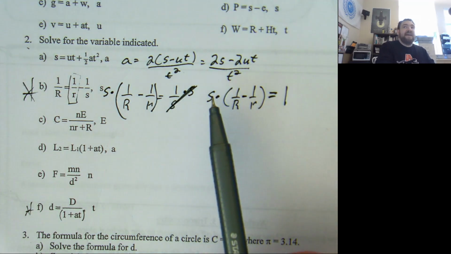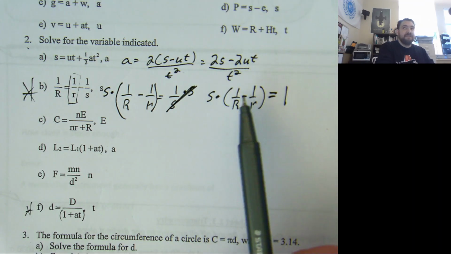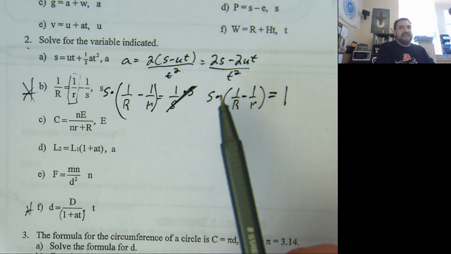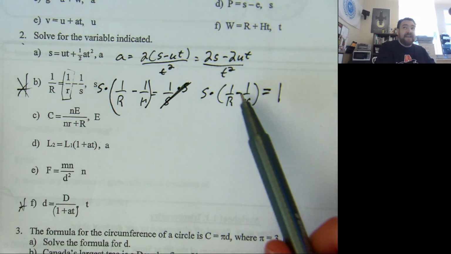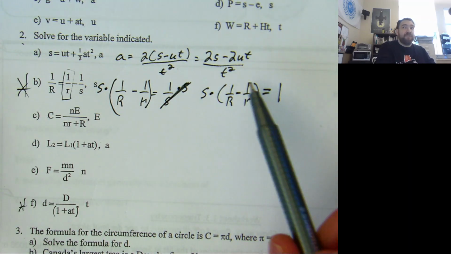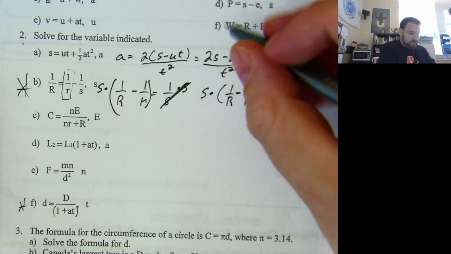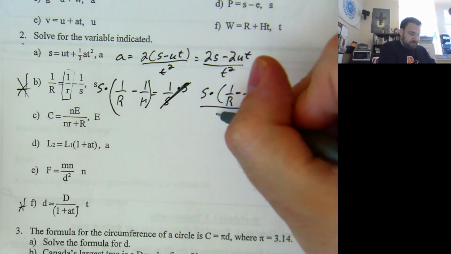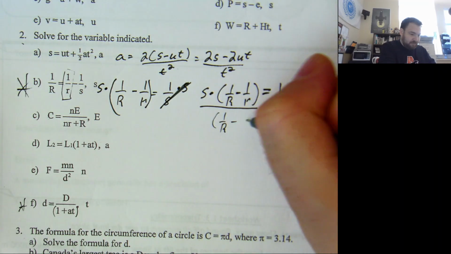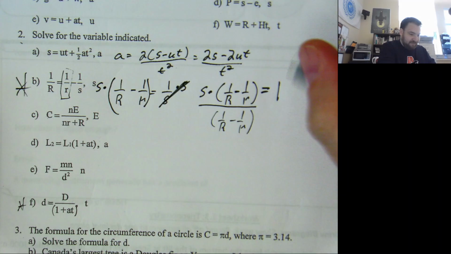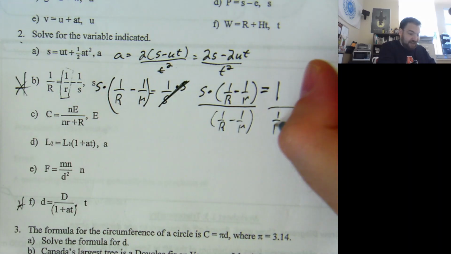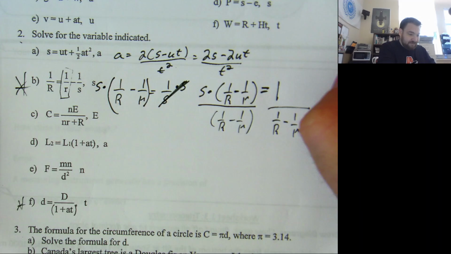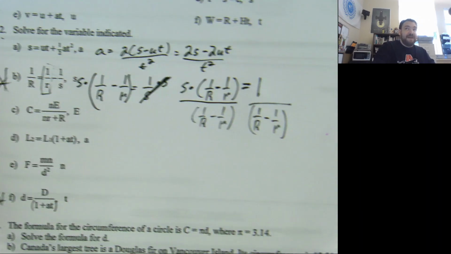And then because I have s times this equals 1, to get s by itself, I'm just going to divide by this entire object right here, on both sides. It's going to look ugly, but it's mathematically correct.